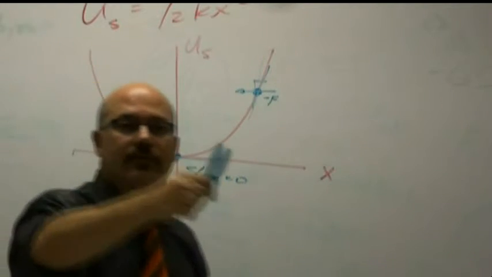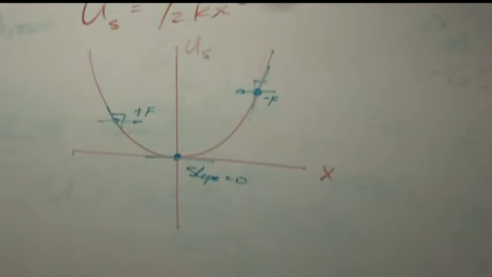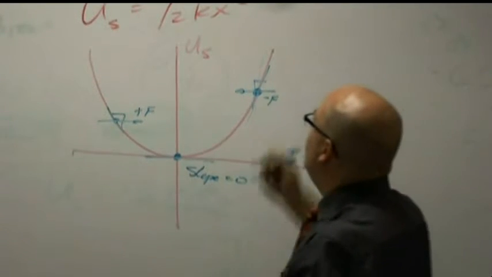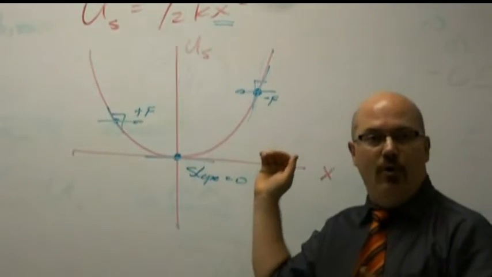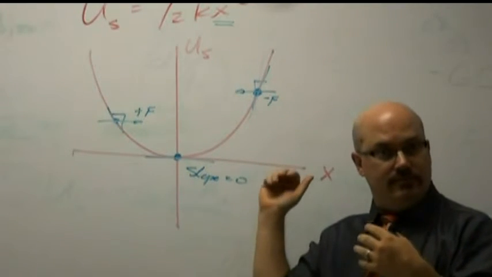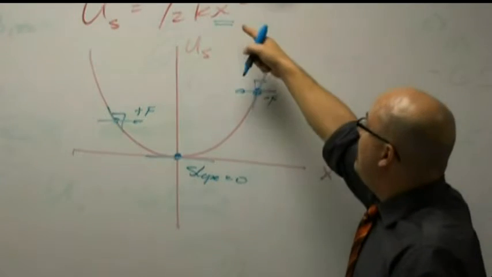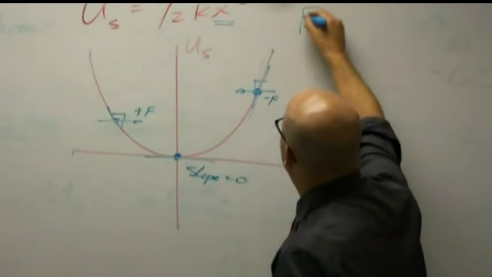Okay, we had a question. Sydney: How come your force is only in the x direction? Because this is an x function, and so my force is only going to be in the x direction. Now if I take the derivative of this, let's find it out.